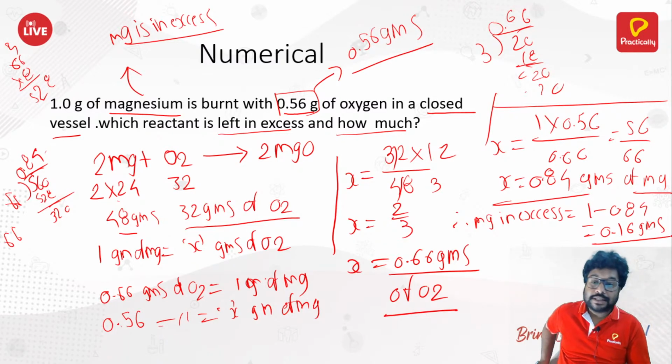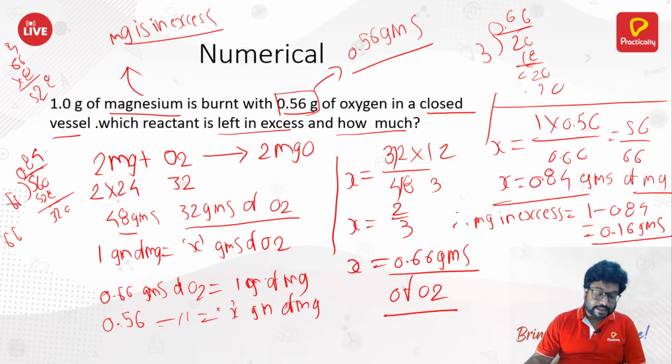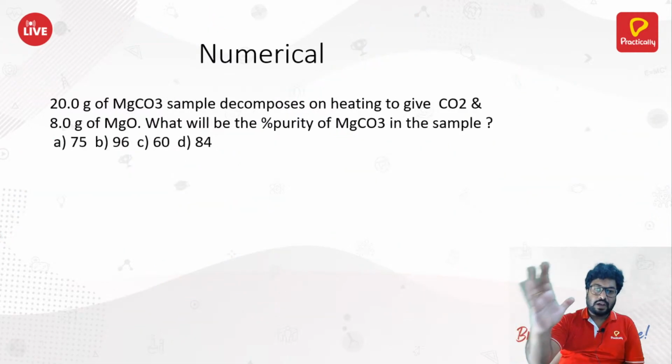So you have 0.16 grams of magnesium in excess. That is how you can solve these limiting and excess reagent numericals. Okay. Now the last one.